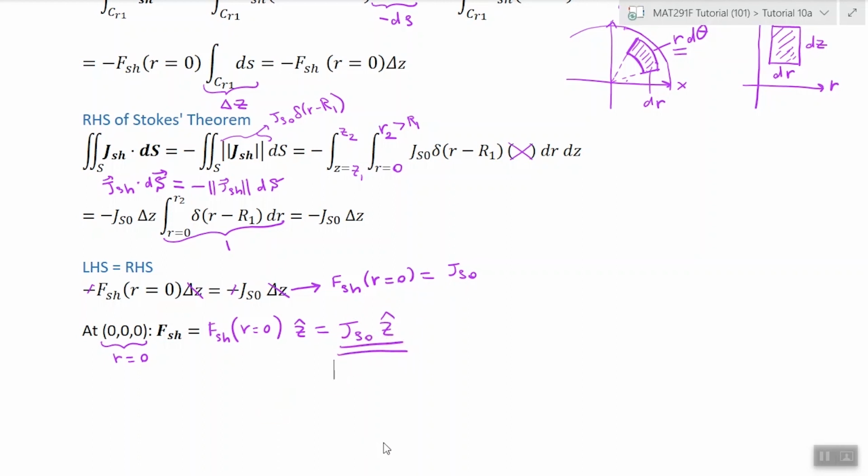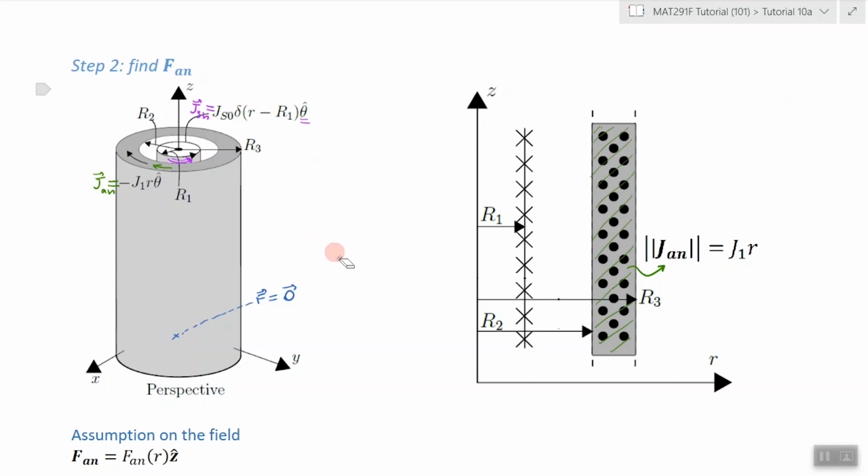The next step would be to solve for the field from the annulus. So let's do that. Here I already highlighted the current density associated with the annulus, and the magnitude of this current density is J1 times R. The field produced by the annulus is going to be 0 outside of this annulus, and then inside the field is going to be, again by the right-hand rule, pointing down.